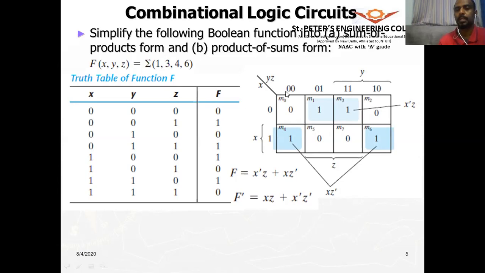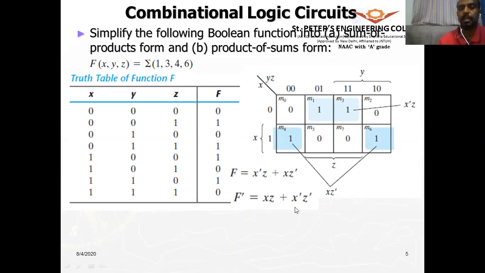Y is changing, Z is same. So therefore X complement Z complement by grouping these 2 zeros. When you group these other 2 zeros, what is changing? Y is changing, Z remains as 1 and X remains as 1. So this is XZ. So for these 2, you get the XZ term, the implicant, and for these 2 zeros, you get X complement Z complement.